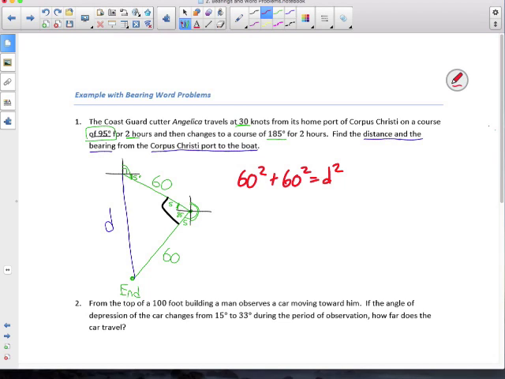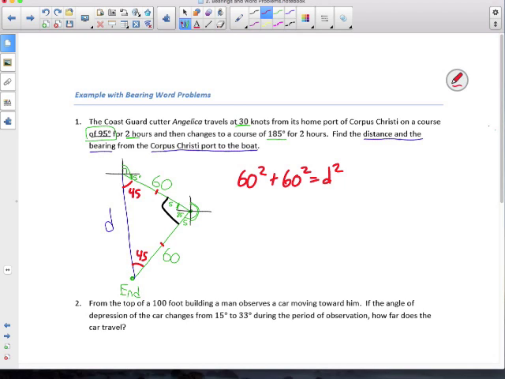If I wanted to be even fancier about this, I could recognize this as a 45, 45, 90. Okay? If these two side lengths are equal to each other, then this has to be an isosceles triangle. And if it's an isosceles triangle, the base angles, okay, so these angles, have to be 45.